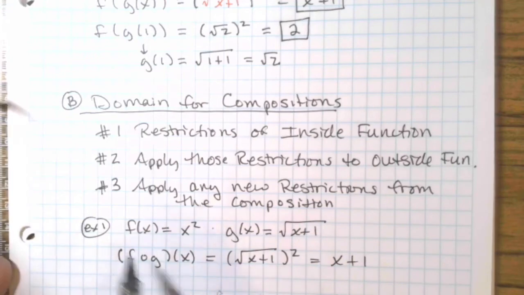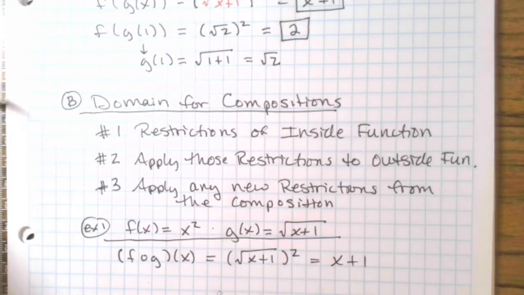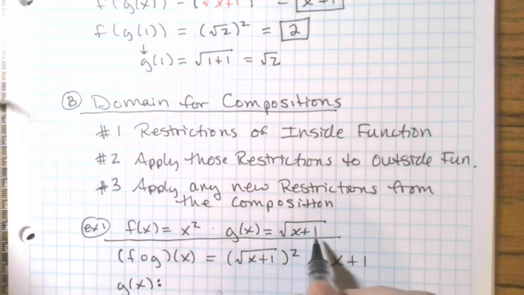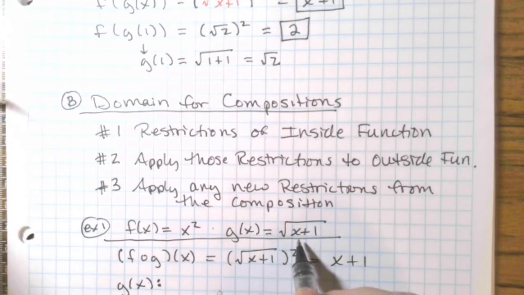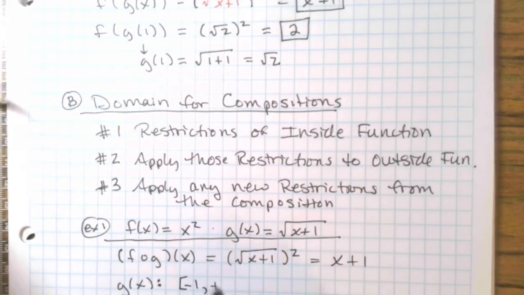Okay, so we've done the composition. Now we're going to work on the domain. So the first thing you do is g of x. For g of x, the lowest value x could be is -1 because that will create a 0. From that, it can get bigger but not smaller. So for g of x, we start at -1 and then it can get bigger from there.